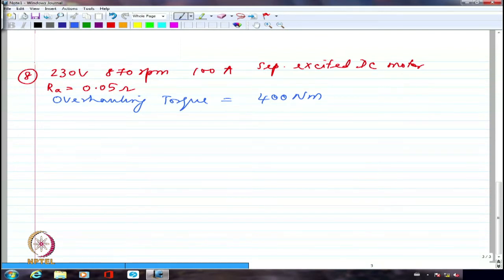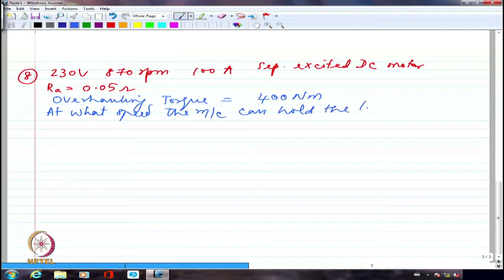Now it says determine the speed at which the motor can hold the load by regenerative braking. So, at what speed the machine can hold the load by regenerative braking. So this is what is being asked.